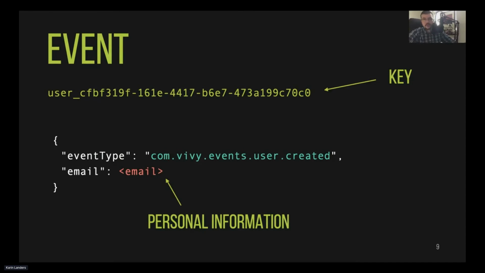Sometimes this is just a simple indicator that a new batch of information appeared, or for user account management events, we sometimes have to store simple personal information, which is, for example, email.